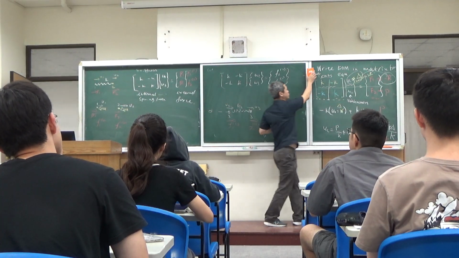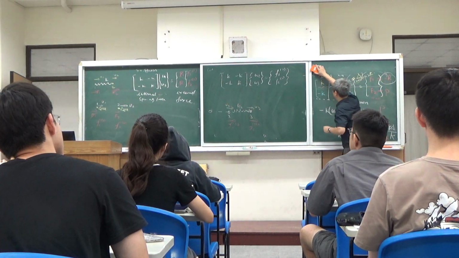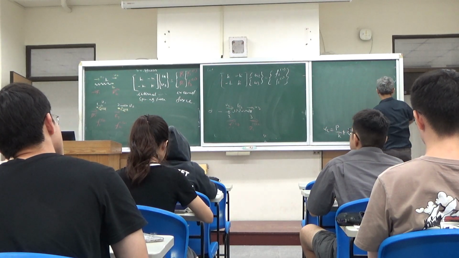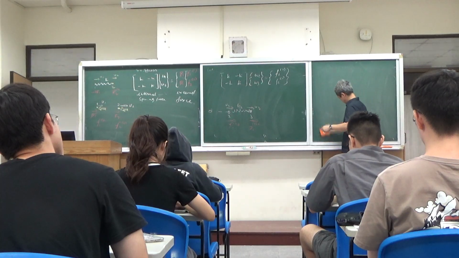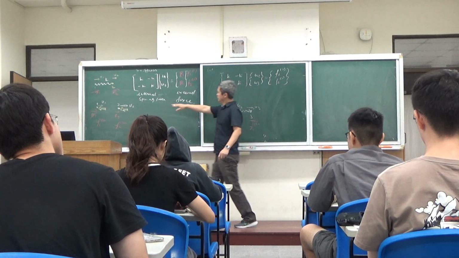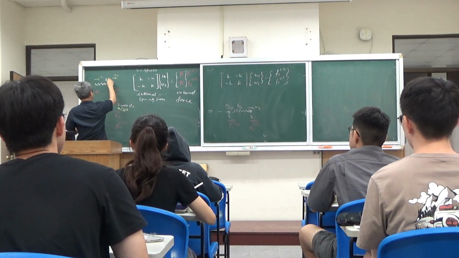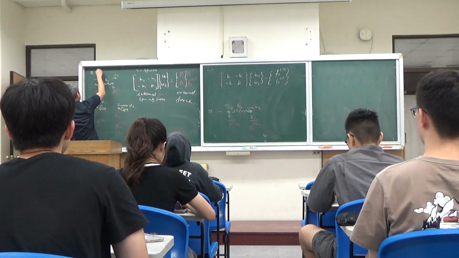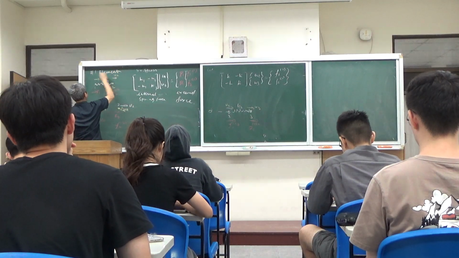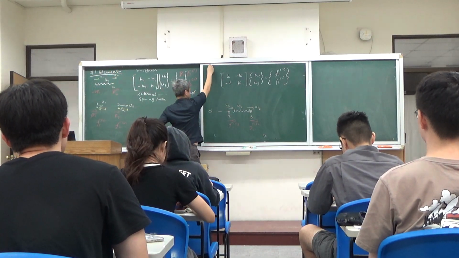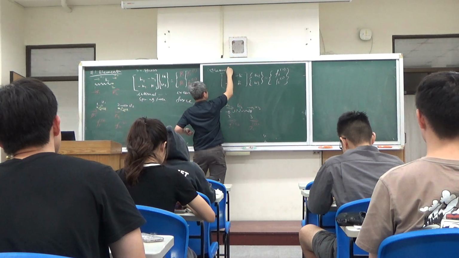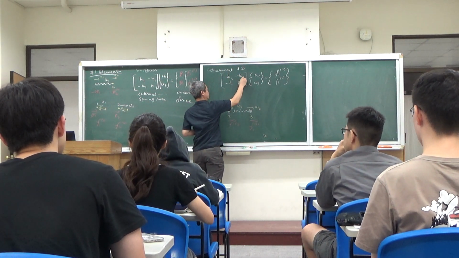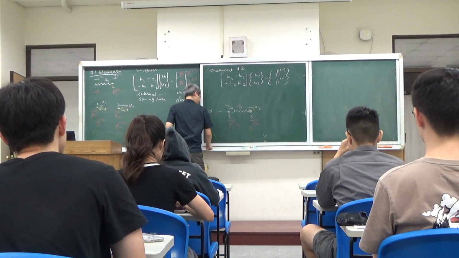Now I'm going to do the combined analysis. This is element 1, K1. This is element 2, and now the stiffness is K2. So you're going to make the change.